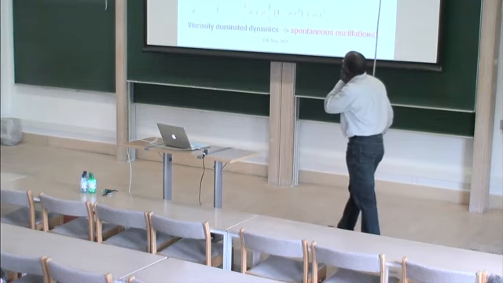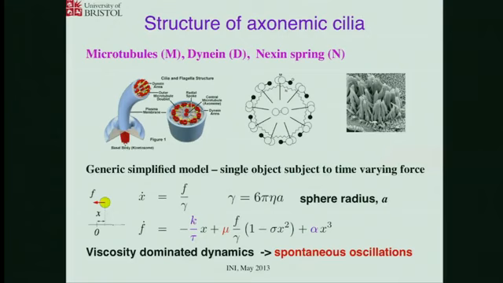One can get into the details of the biology, but let's do it again in the same way that we've talked about so far. Let's do a very simple model of a cilia. It's just a bead close to a plane, undergoing some dynamics.